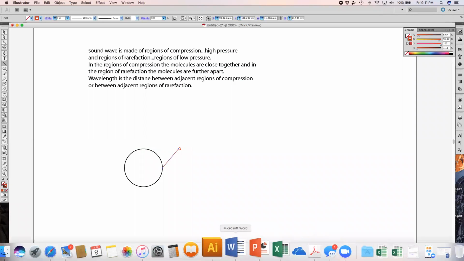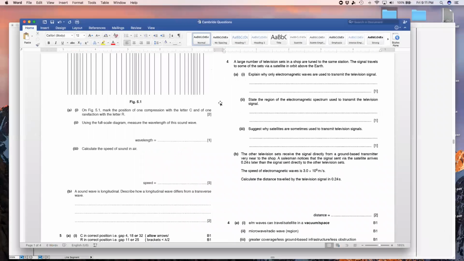So the first part of the question, explain why electromagnetic waves are used to transmit the television signals: because only electromagnetic waves can travel through a vacuum. We know that as one of the properties of electromagnetic waves.